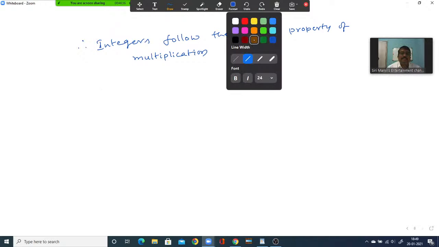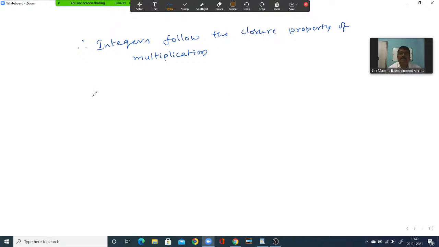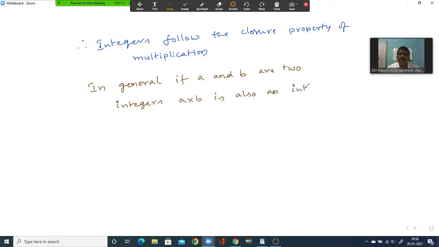Next, now I am concluding a statement. In general, if A and B are two integers, A into B is also an integer.